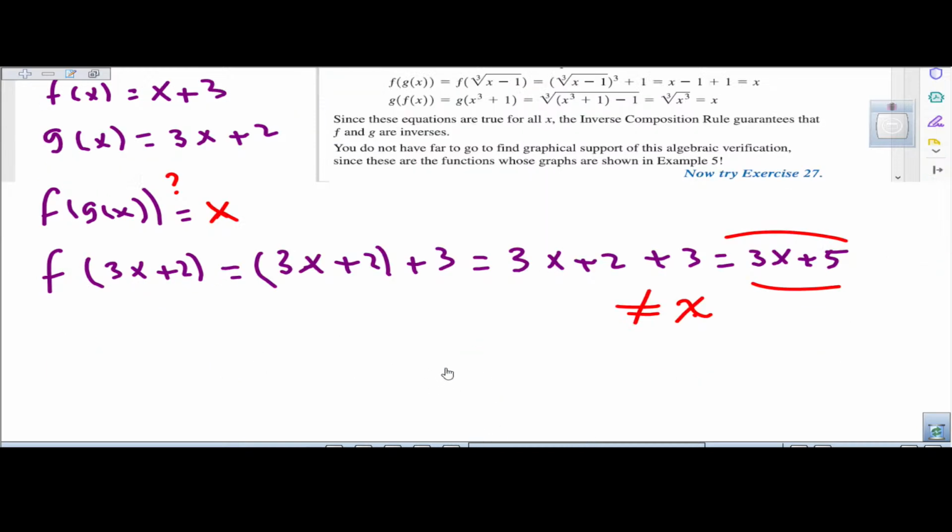Therefore, I'm just going to pause here. You're going to say therefore, or then, f and g are not inverses. They're not. I don't have to finish. I don't have to continue that.